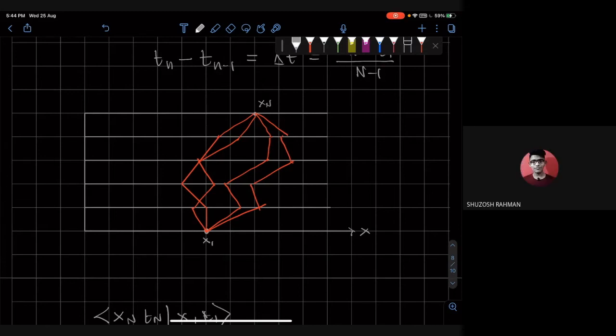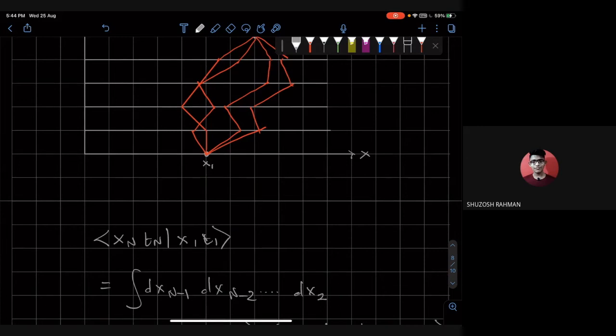Sir, I get what's going on, but why are we doing this? Like, what's the end goal here? Oh, yeah. The end goal is to get a completely different formulation of quantum mechanics. The end goal is that we want to find an expression for this thing for a very small time interval, and then take Dirac's idea seriously and see what comes out.